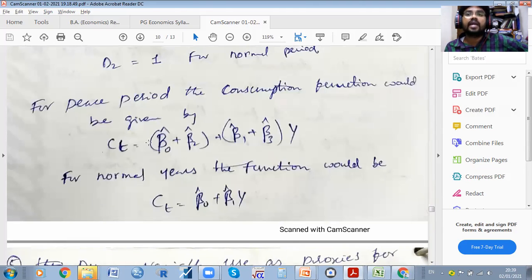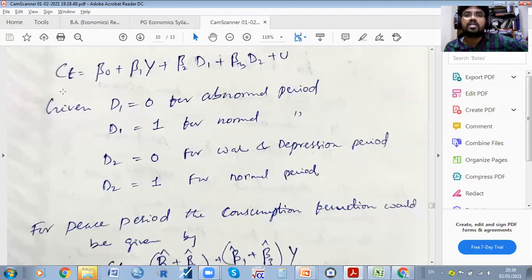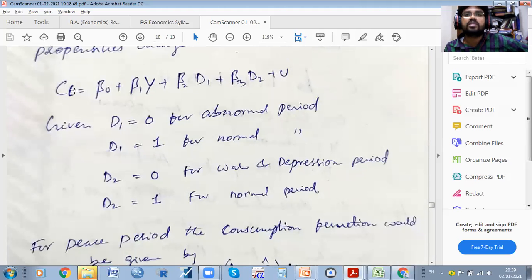So whatever we write, for example, Ct is equal to beta 0 plus beta 1. If consumption is a dummy, that is, if the dependent variable is a dummy variable, how can we take it? For example, if gender is affected by income, then y is equal to beta 0 plus beta 1 x1.